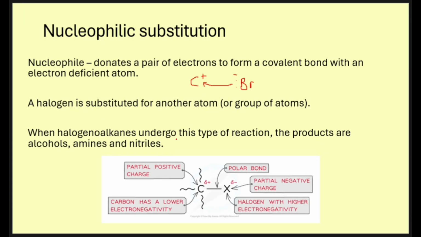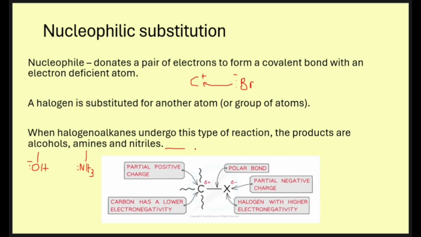So a halogen is substituted for another atom or group of atoms. When halogenoalkanes undergo this type of reaction, the products are alcohols, amines and nitriles, and this just depends on the type of reagents we use. For alcohols, the nucleophile would be OH minus. For amines it would be NH3, and the reason this one isn't an ion but is still reactive is because we've got a lone pair here. It's very important to always remember the lone pairs.